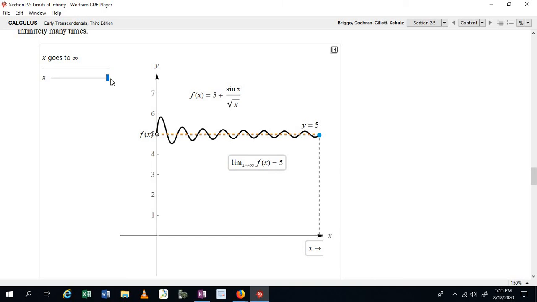And so the range that it's oscillating between becomes so small that it begins to approach, I'm sorry, not approaching 0, approaching 5, right? It begins to approach this line y equals 5. Okay, which by the way is a horizontal asymptote. So it has a horizontal asymptote at y equals 5.